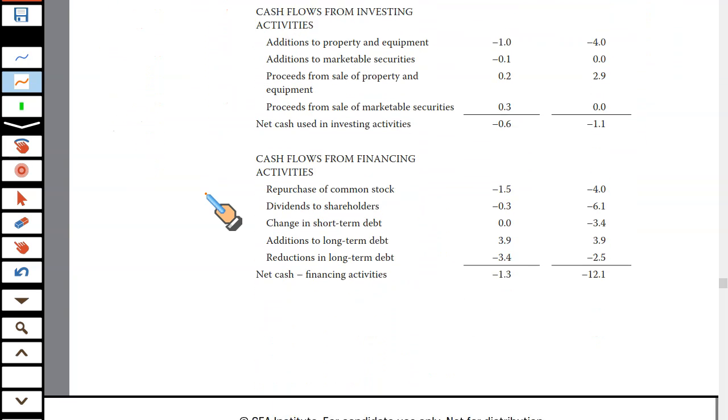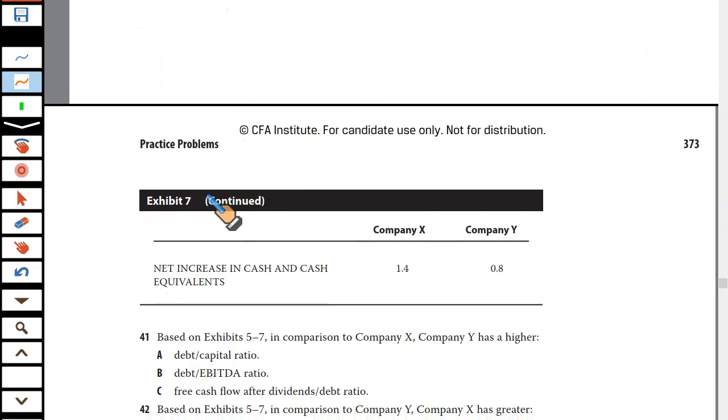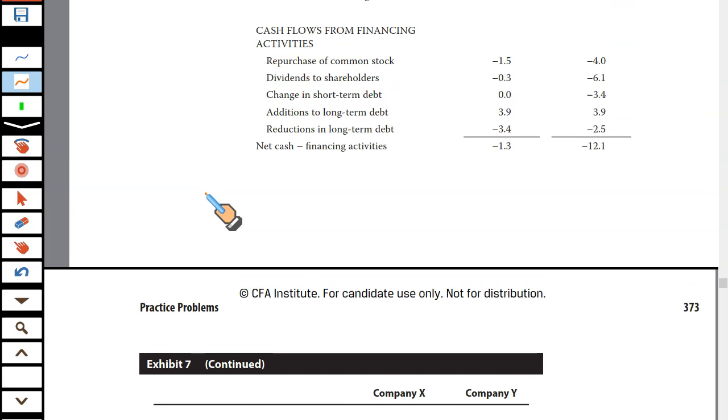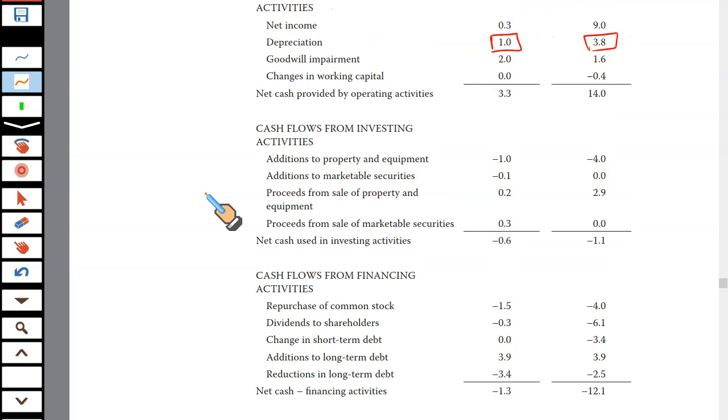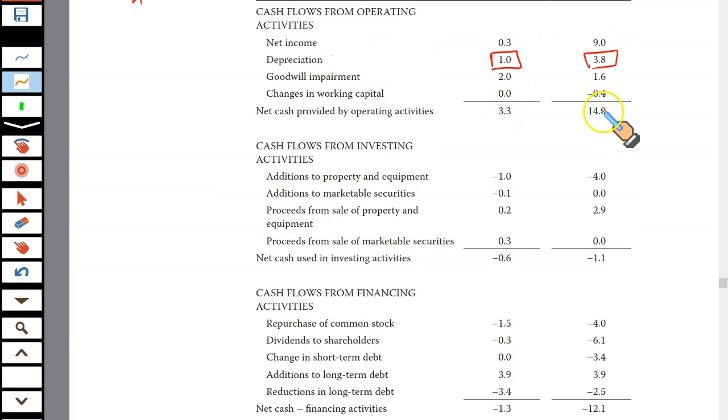Free cash flow can be calculated from your cash flow statement here. This is your cash flow from operating activities, 3.3 and 14.0. From this we need to make adjustments for capital expenditures, and it says free cash flow after dividend. So let us see what we have for capital expenditures on the investment side.